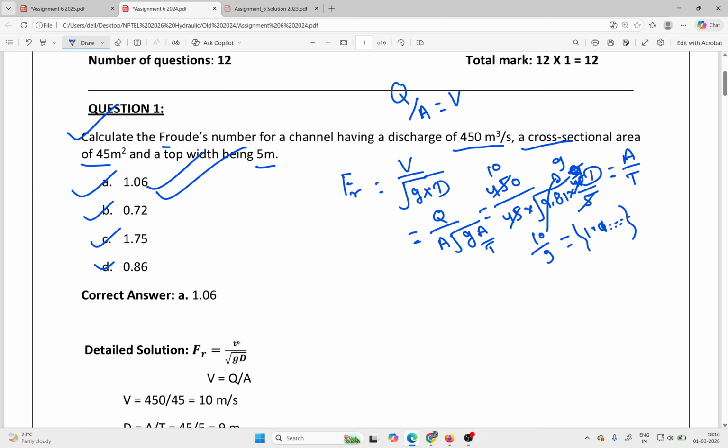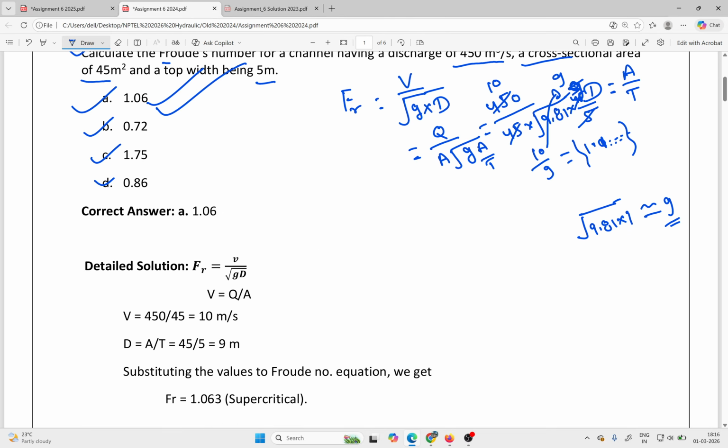So it's close to this. Anyway, here I am considering that you will get something, because 9.81 into 9 is not exactly 9, it is something more than 9, so you will get this exact answer, no issue. So we'll move again to the next one.